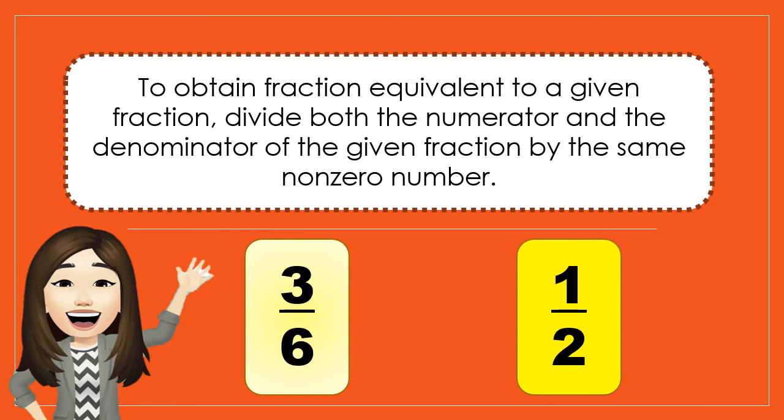For example, 3/6 is divided by 3. 3 divided by 3 is 1. 6 divided by 3 is 2. 3/6 and 1/2 are equivalent fractions. When both the numerator and the denominator of a fraction are divided by the same number, we get a fraction equivalent to the given fraction.